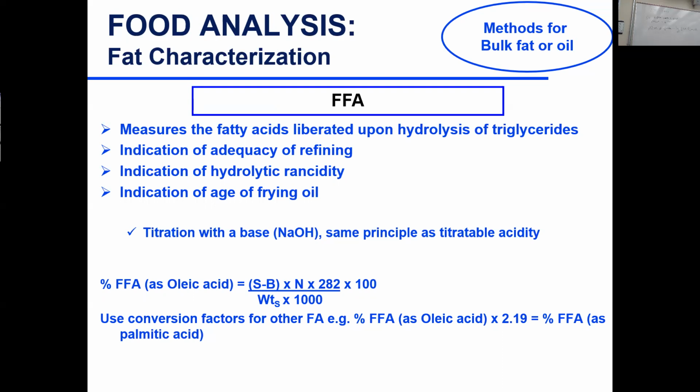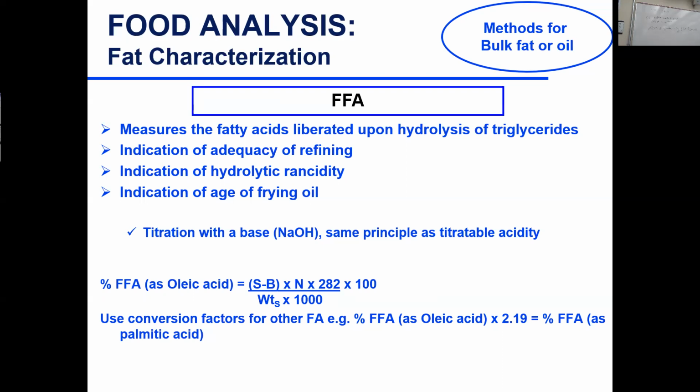And then here it's the molecular weight. In this case, it is oleic acid. So if we're doing free fatty acid in olive oil, we use the molecular weight of the most dominant fatty acid in that oil, and in this case, it would be 282. It's a percentage, so you correct for milliliters to liters by dividing by 1,000.